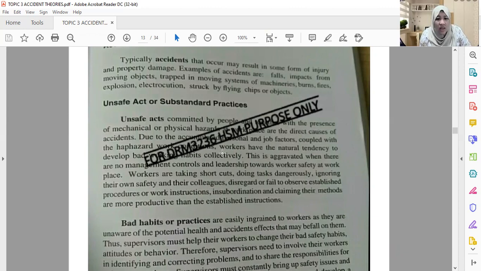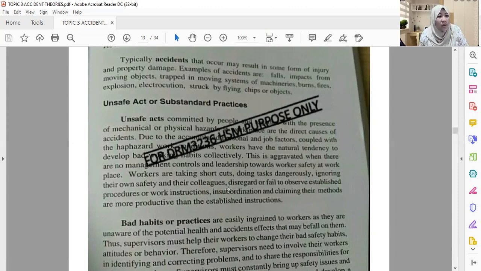Due to the accumulated personal and job factors coupled with the hazardous work, okay, workers have the natural tendency to develop bad work habits collectively. So this is aggravated when there is no management control and leadership toward the workers' safety at the workplace. So the workers are taking shortcuts, they said here, doing tasks dangerously.